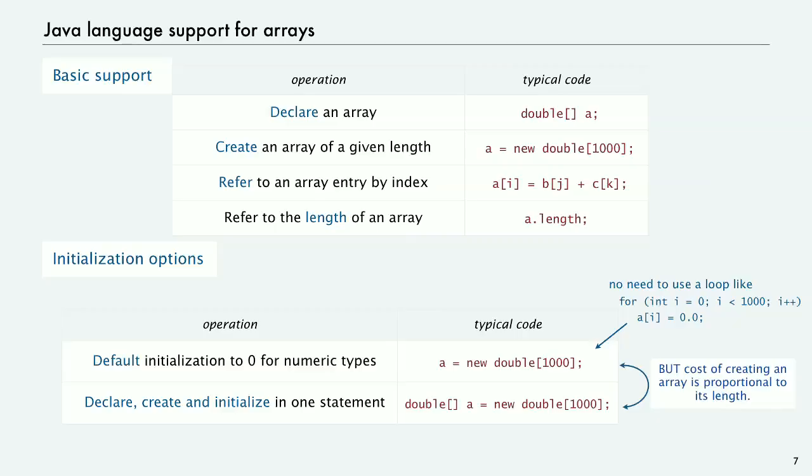It's important to remember this is a compact statement, but it takes time proportional to the length of the array because Java has to go through and initialize everything to 0. So in certain points, we'll have to be cognizant of that fact. You can write a small amount of code that might take a long time.